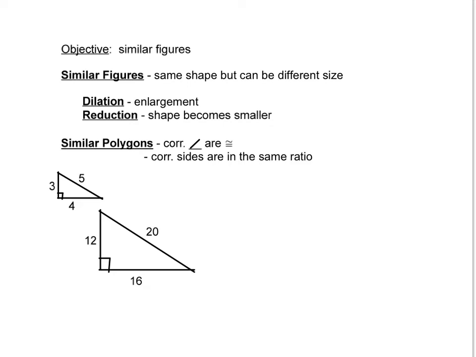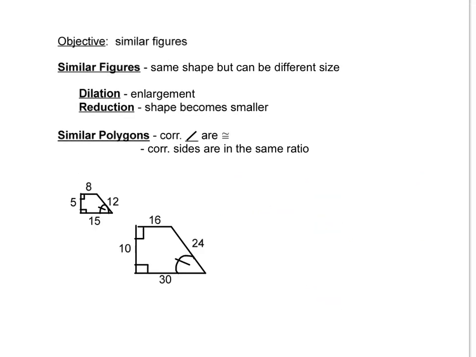Notice the ratios of their corresponding sides: 3 to 12 for the right-hand sides, 4 to 16 for the bottom sides, and 5 to 20 for the hypotenuses. All the corresponding sides are proportional, and that proportion is 1 to 4, which we call the scale factor, and we'll talk about that in a couple minutes.